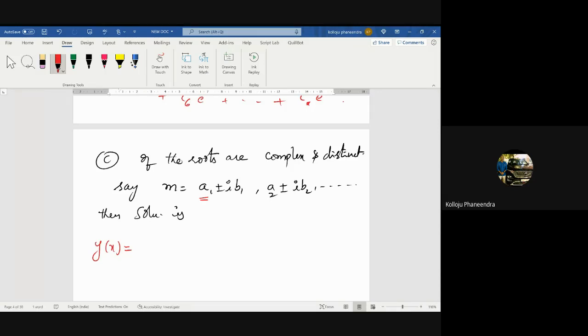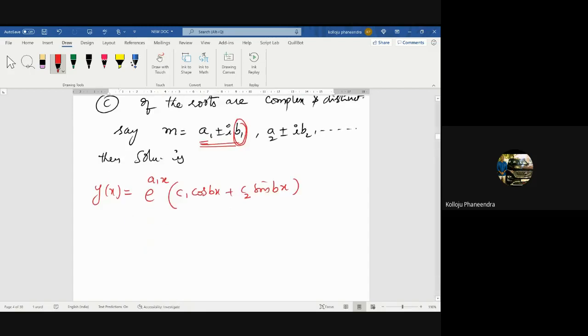Now in these 2 roots, a1 plus or minus ib1, a1 is the real part. For the real part, you write e power a1x multiplied by, for this imaginary part b1, c1 cosine b1x plus c2 sine b1x, plus.